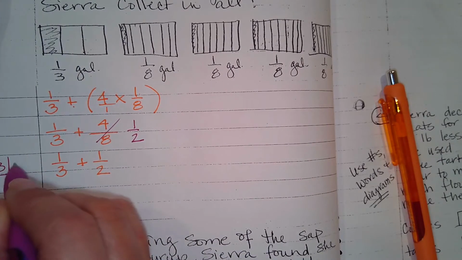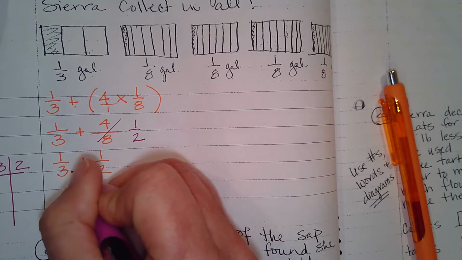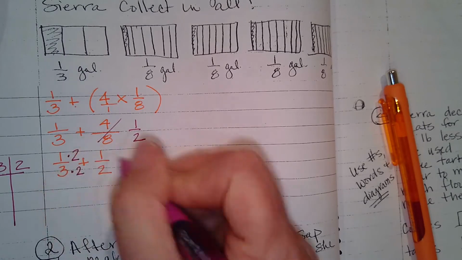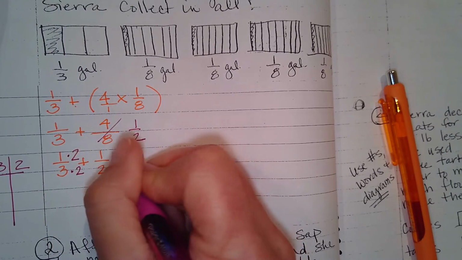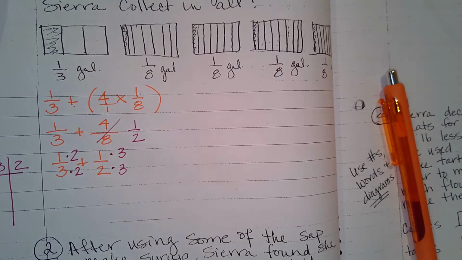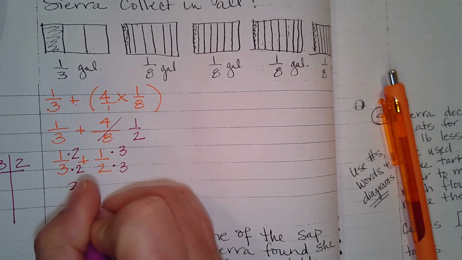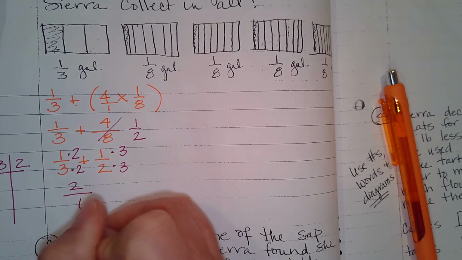So if you really need to scoreboard, you can scoreboard. But you should be catching on now to creating those common denominators, looking for the smallest product they have in common. So 1 times 2 is 2 over 6.